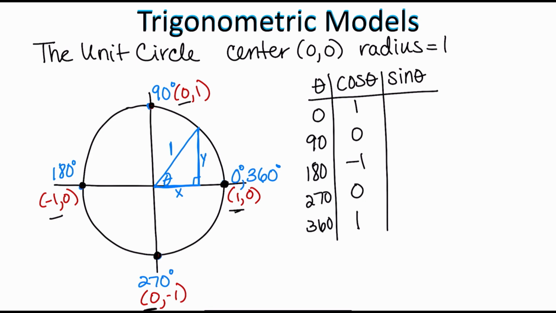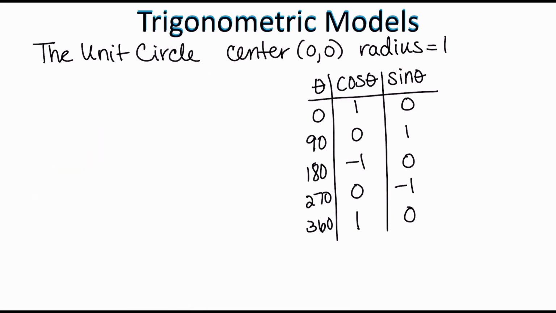In terms of sine, the sine of theta is going to be the y coordinate. So at 0, the sine of 0 is 0. Then we go 1, 0, -1, 0. And all I'm doing is once again using the ordered pairs at each one of these points and identifying the y coordinate for sine and the x coordinate for cosine.